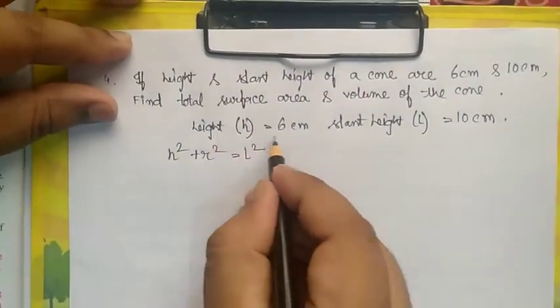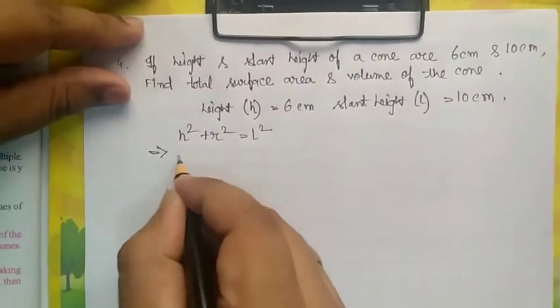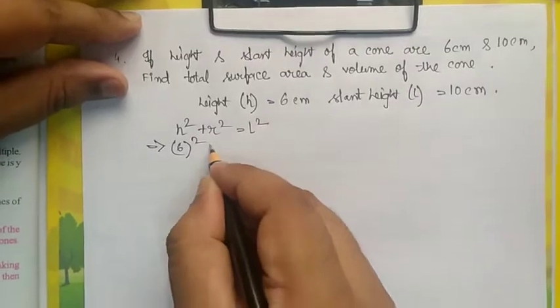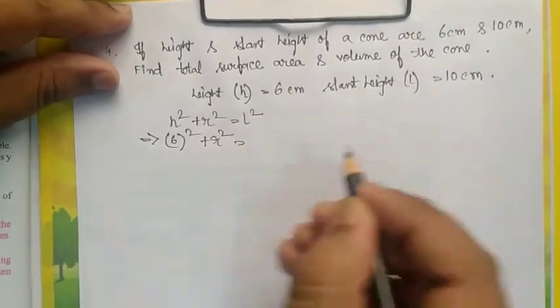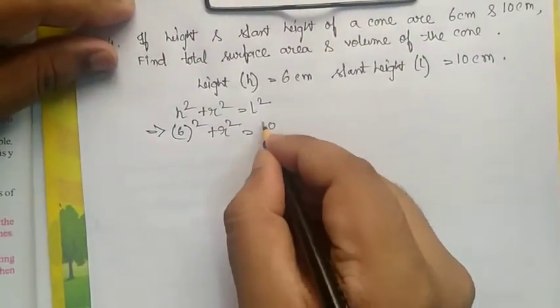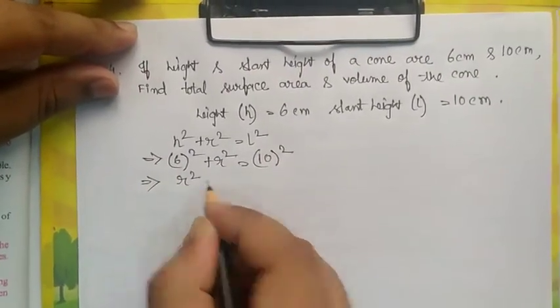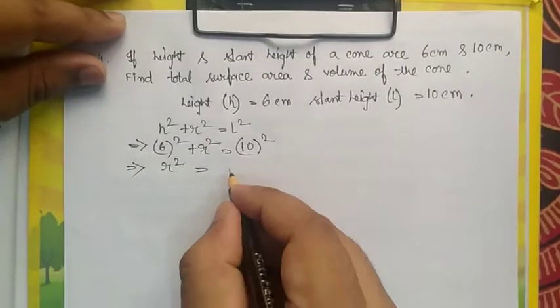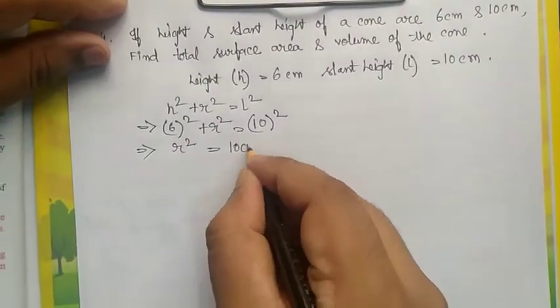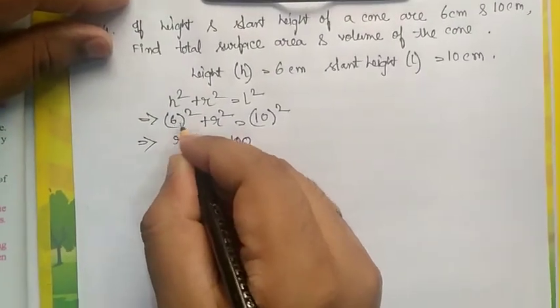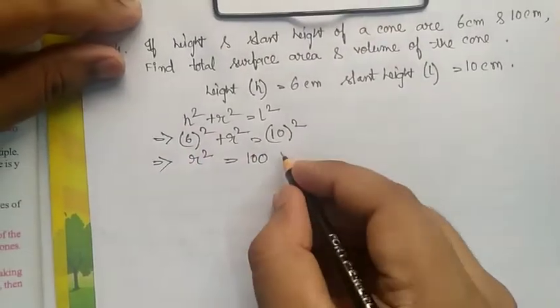So h is 6 centimeter, so 6 square plus r square, and L equals 10 centimeters, so 10 square. Therefore r square equals 100 minus 36, from left hand side to right hand side.